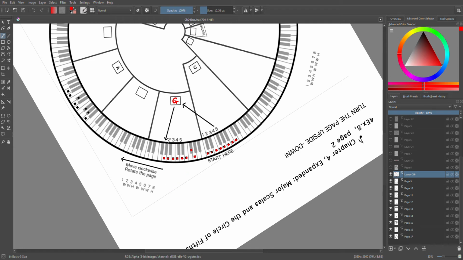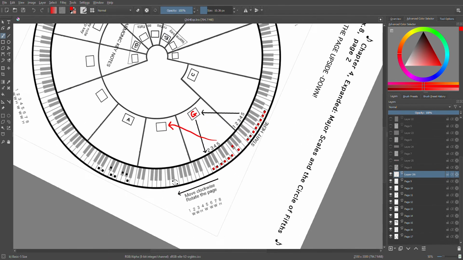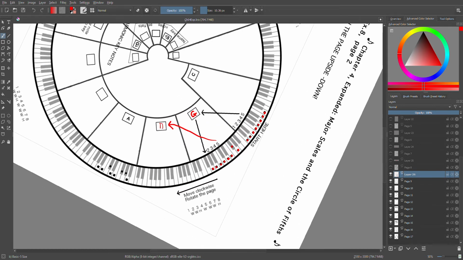Perfect. Now let's look at scale degree 5 again. Always look at 5 because it's a circle of fifths. So 1, 2, 3, 4, 5. It is D. So D is going to come in here. Let's go and rotate that some more. Here's D. Okay.